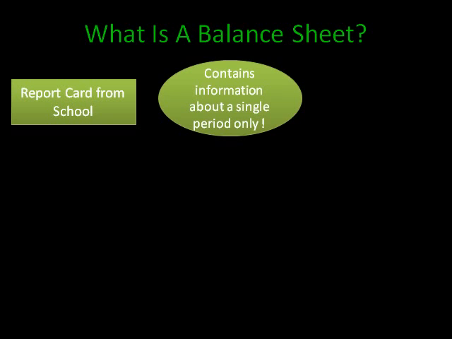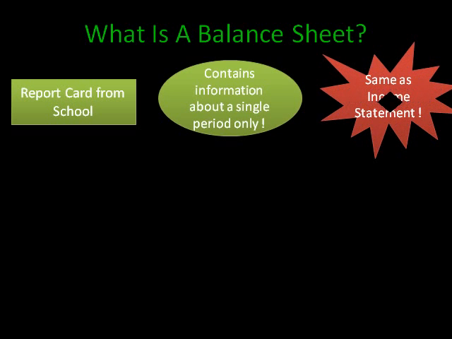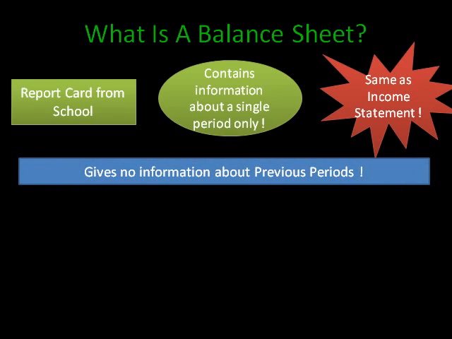This can be compared with an income statement. The income statement tells you exactly what happened in a particular period of time. Will the income statement for that period give you any information regarding previous periods? No, not at all. This is the similarity between report cards and income statements.